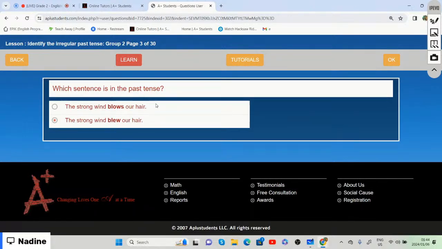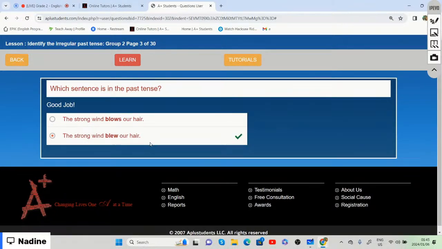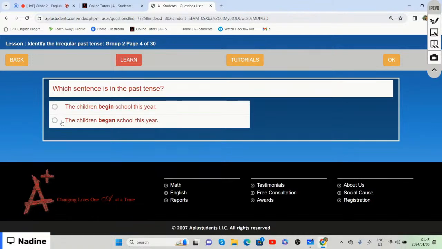So blew is basically our past tense form, and blew is correct. The children begin school this year. So they begin school this year, or we can say the children began school. So the children began school this year.